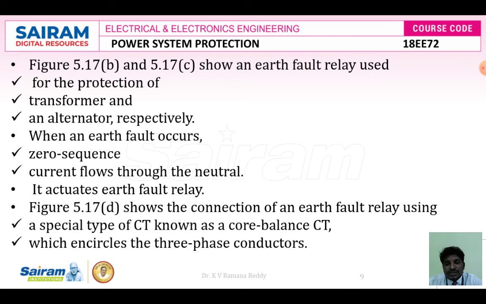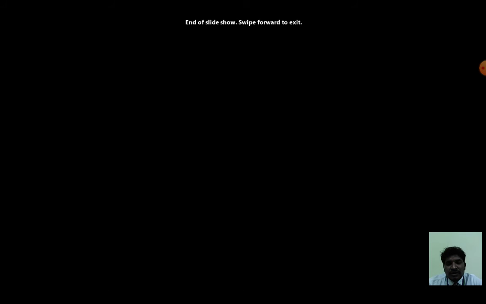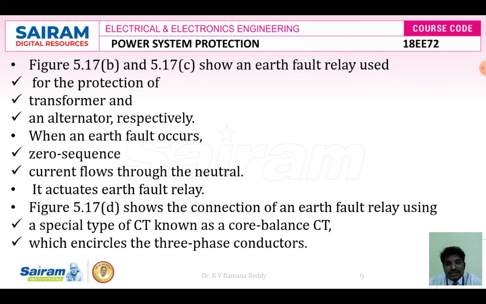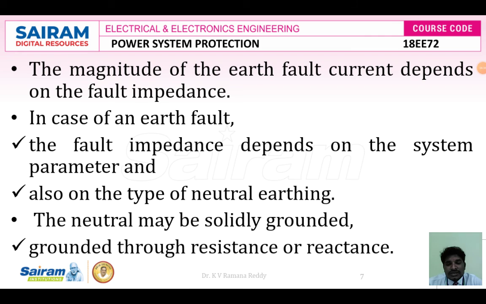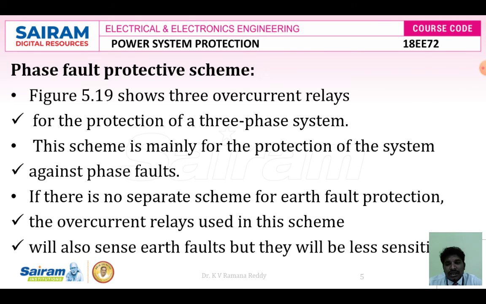If there is no zero sequence current in the neutral wire, the system is in balanced condition and there is no fault. The connection of an earth fault relay uses a special type of current transformer known as a core balanced current transformer, which encircles the three-phase conductors. Because it encircles the three-phase conductors, it is easy to identify how much current is flowing through the relay, and the relay isolates the faulty section of the system from the healthy section.